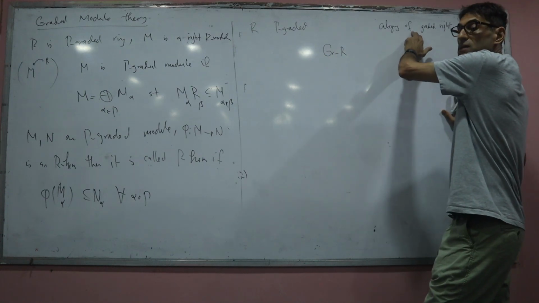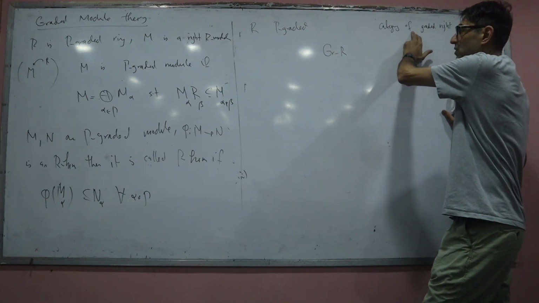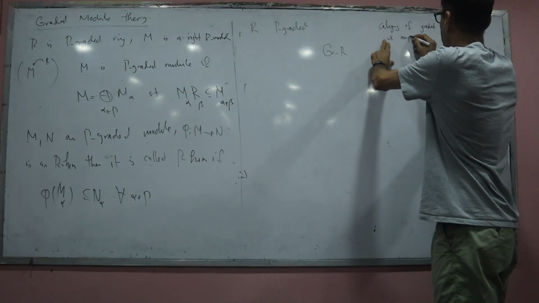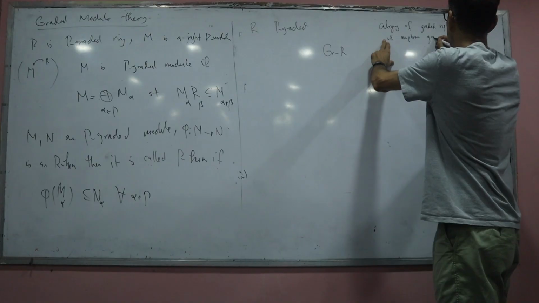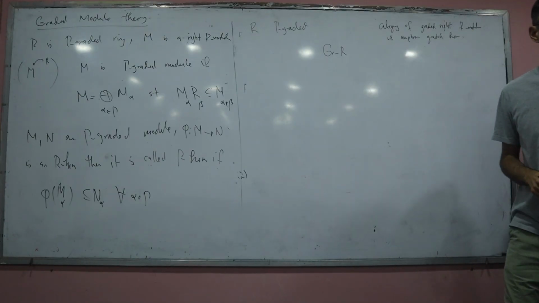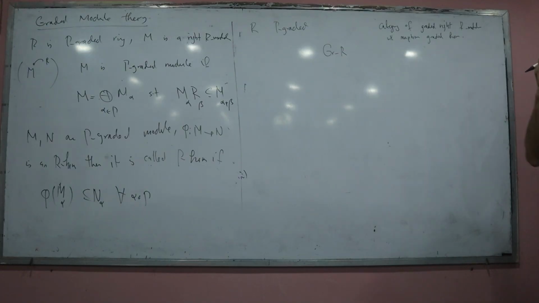These are my objects, all the graded modules. So with morphisms, graded homomorphisms. Okay, so I just collect all the graded modules here.